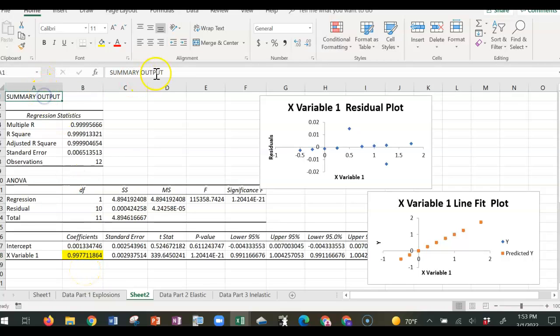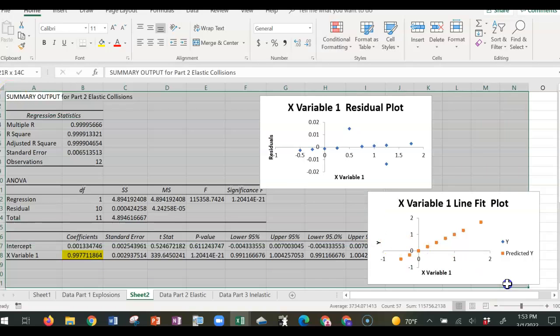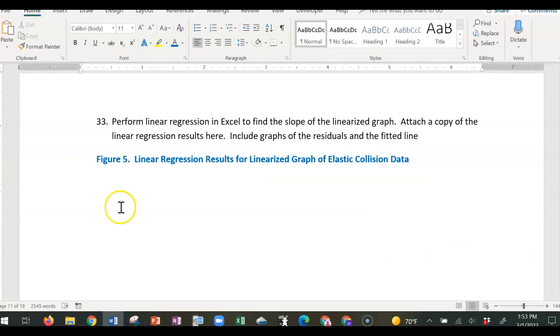So this is the summary output for part 2, elastic collisions. Since we're going to have 3 of these in our lab report, I'm going to copy this and put it in the report because this is the evidence of how we got our slope.